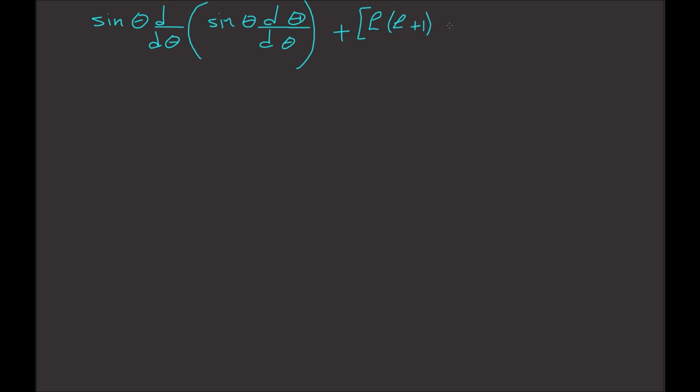So we're going to rewrite it as sine of theta d theta of sine of theta d theta, plus L times L plus 1 times sine square of theta minus m square, times theta, equals 0.